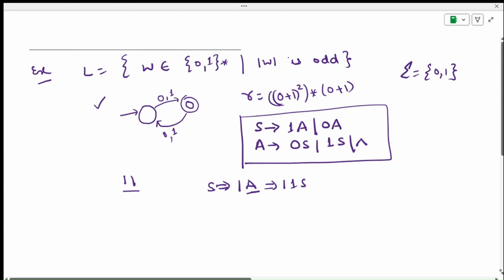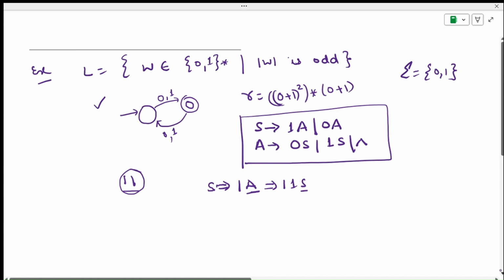Now this S cannot be replaced directly. If I take 1A, it will become triple 1, and if I take 0A, it will become 110, and this string will have length 3. And we cannot directly convert this S to null because we do not have a null replacement for S. So we are not able to generate this length 2 string.